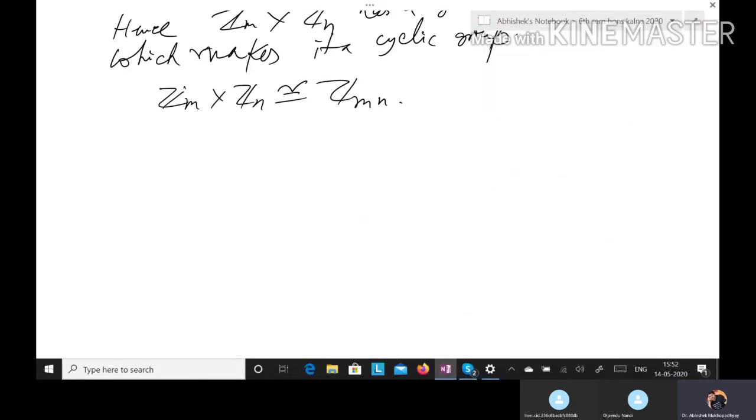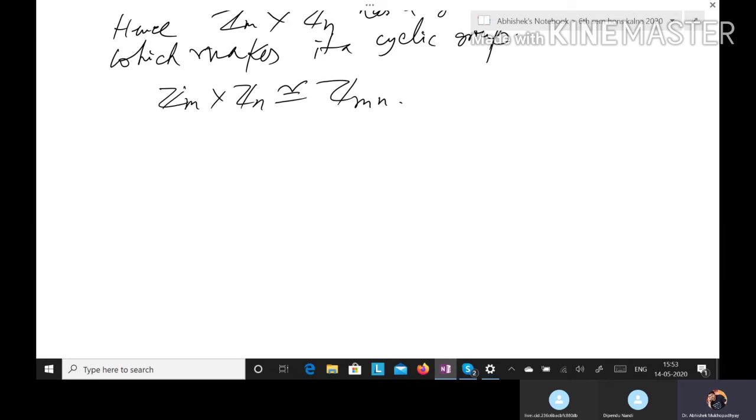So I would like to finish by giving an example where G will be the internal direct product of H and K. That is, we will consider two subgroups of a group G where H and K both satisfy the property that G equals HK, that is the internal product of H and K, and H intersection K contains only the identity element.